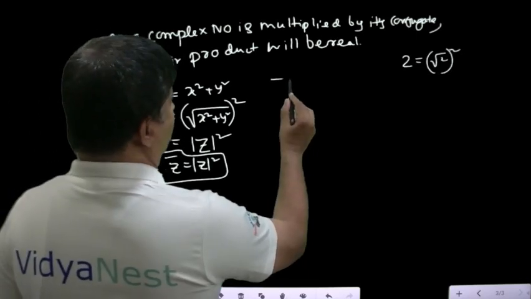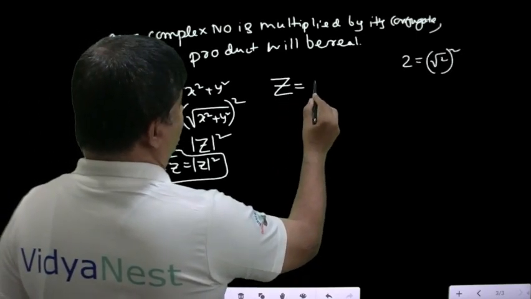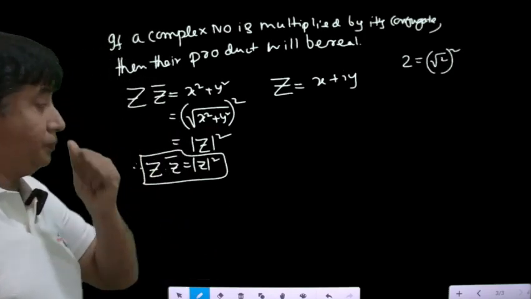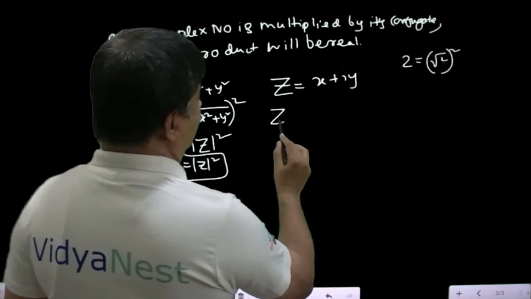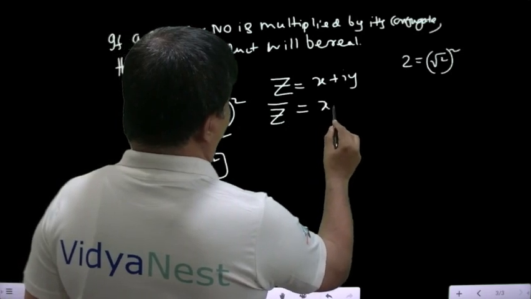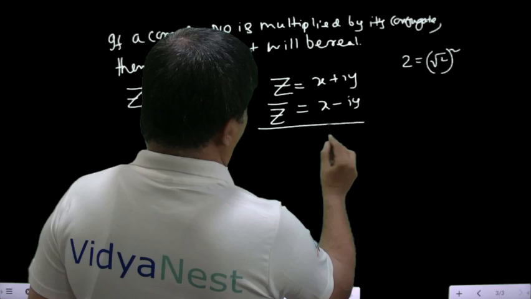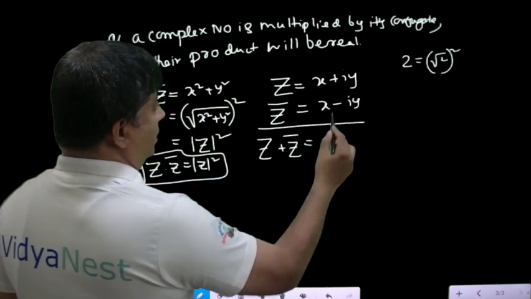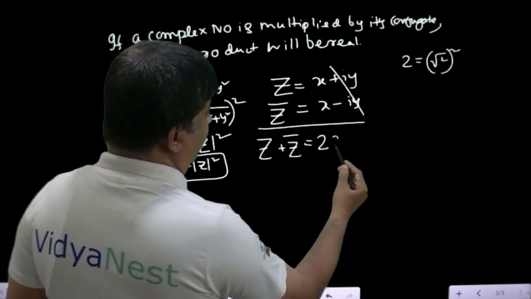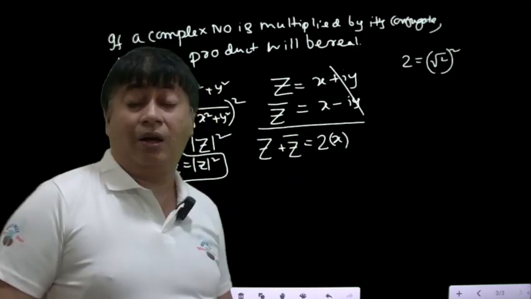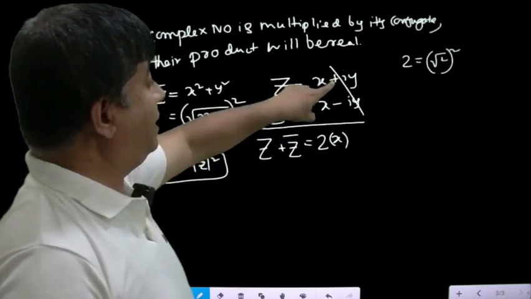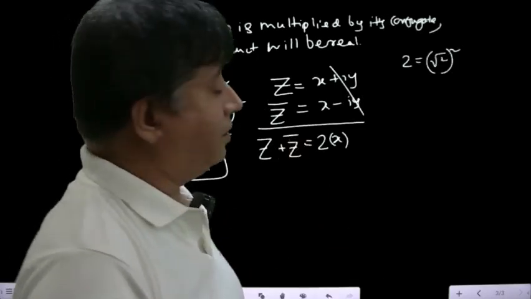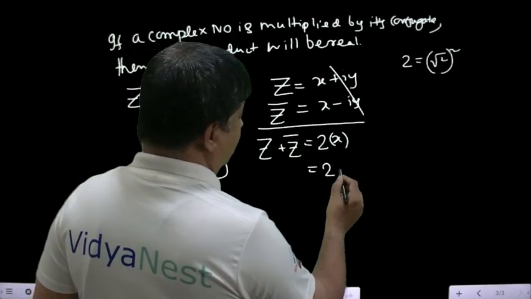Now, z is equal to x plus iy, and z bar we have already got as x minus iy. So if I add, this part will get cancelled, you will get 2x, and already we have discussed that in x plus iy, the standard form of complex number, x is the real part, so z plus z bar is twice real z.